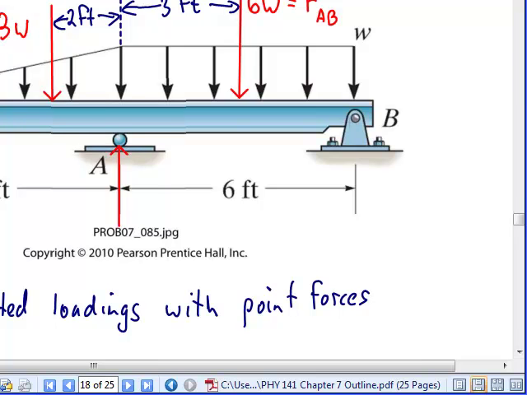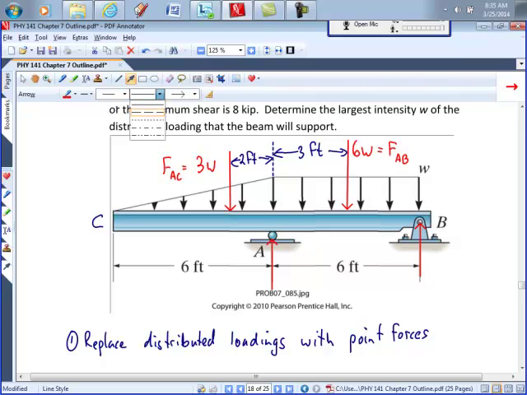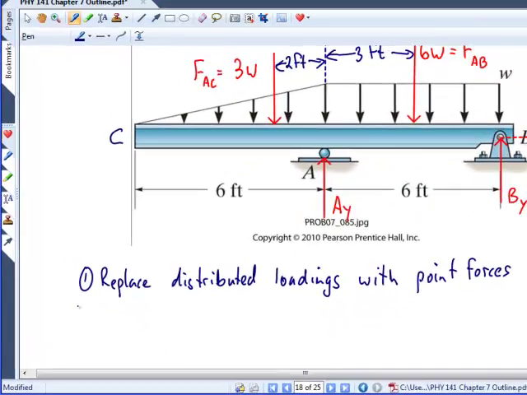B is a pin joint, so it could have an x and y. We'll draw both of them in so it's fully constrained, but I think we can all see that the x component is going to be 0, because there are no other horizontal forces. Call that AY, BY, BX equals 0. So our step 2 is to find the reaction forces.